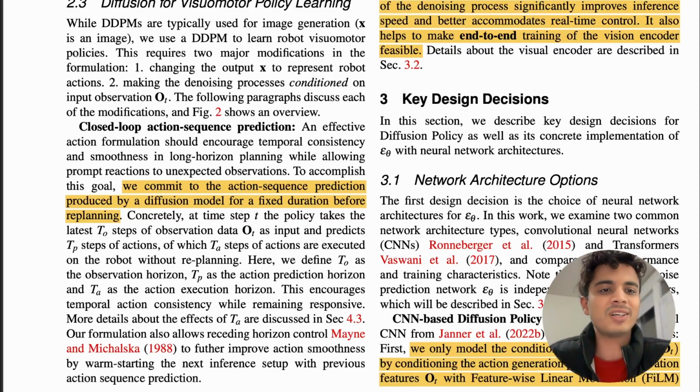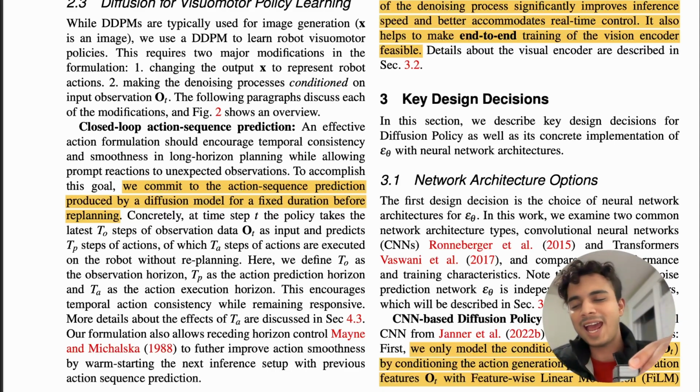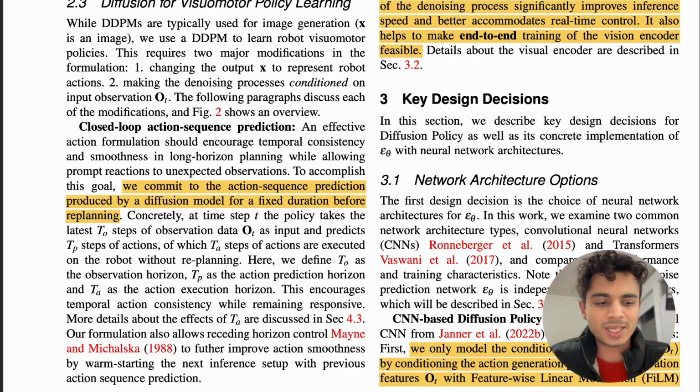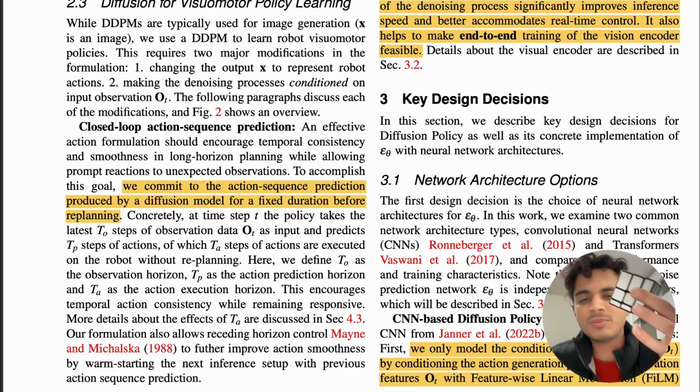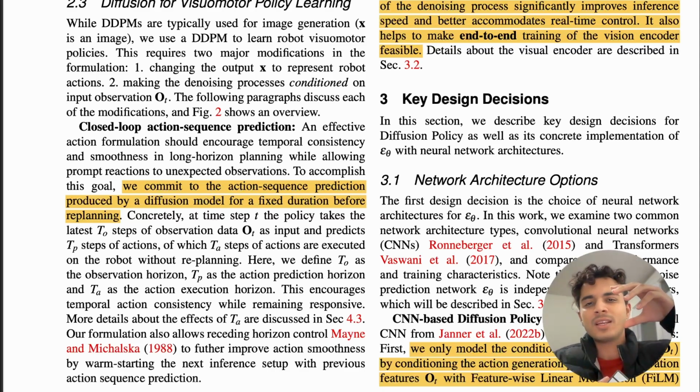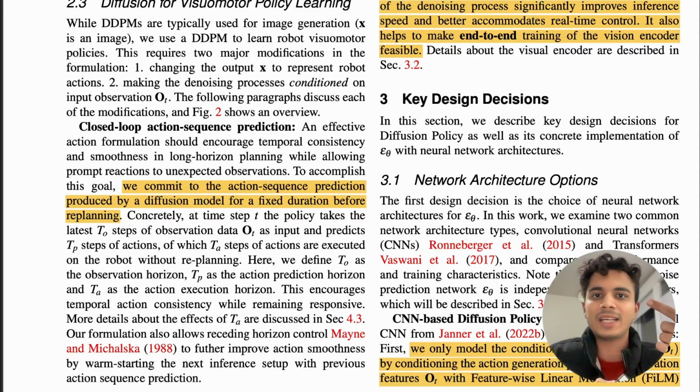So for example, if the robot is trying to move an object from one place to another, and let's say suddenly the object gets into some sort of disturbance, and it just moves from its desired position to somewhere else, like the robot just accidentally dropped the object, right? So even if that robot has accidentally dropped the object, it will have that image feedback at least.